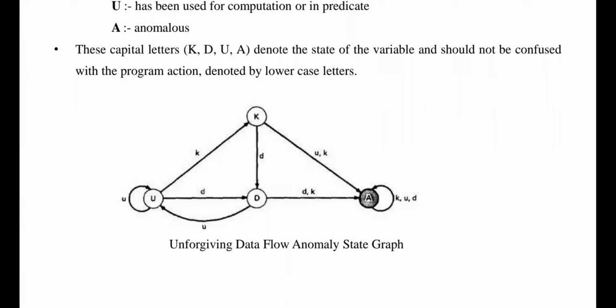See, D, U. After usage, if you want to define again, you will go to define. Or if after usage you want to kill that particular data object, it will go to the K state.